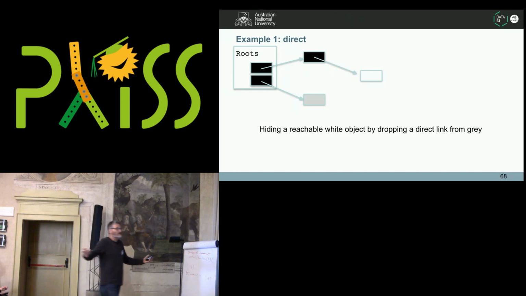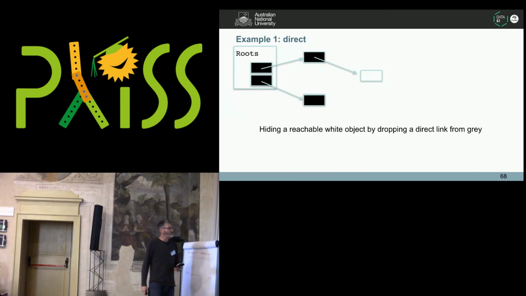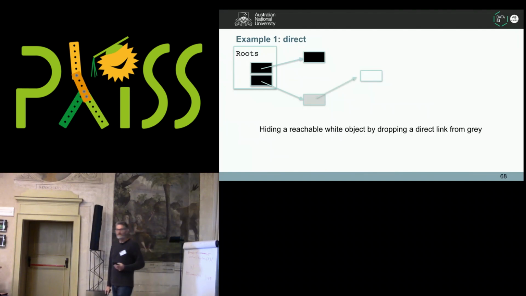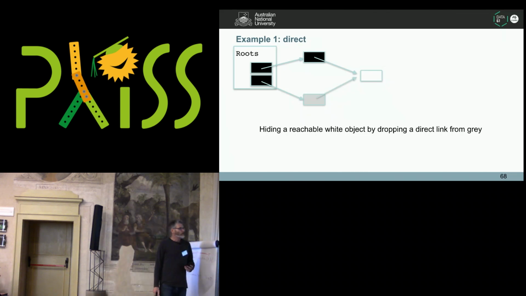These are perfectly reasonable things for a program to do: move references around and overwrite other references with null. But at this point, if the collector kicks in and processes that gray object, it's not going to have seen that white object. Effectively, we've stored the reference to the white object behind the wavefront. The wavefront is here. This black object is behind the wavefront. And we've stored that reference to the white object into the black object. Okay. That's one way to get into trouble.